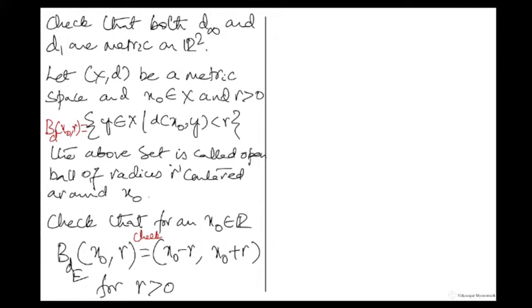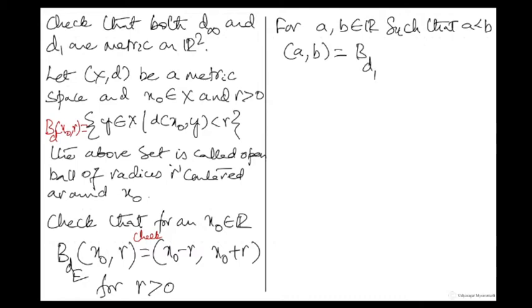So for a and b in R such that a is less than b, the open interval (a, b) is actually a Euclidean open ball of radius (b minus a)/2 and center (a plus b)/2.